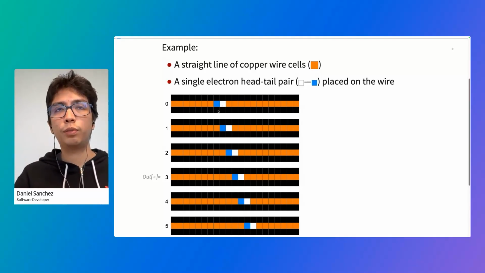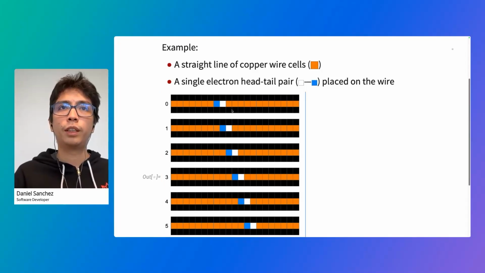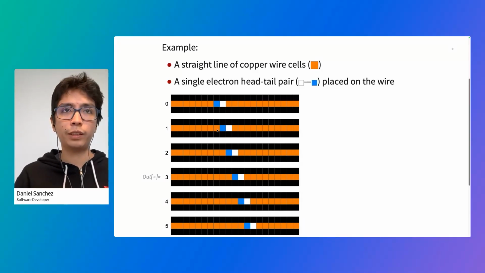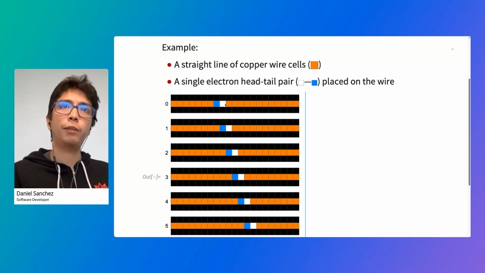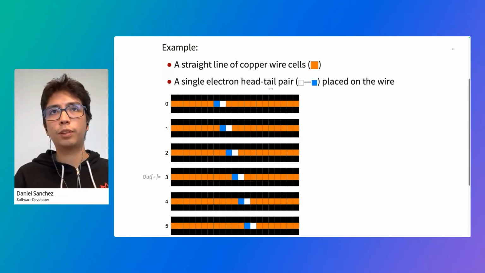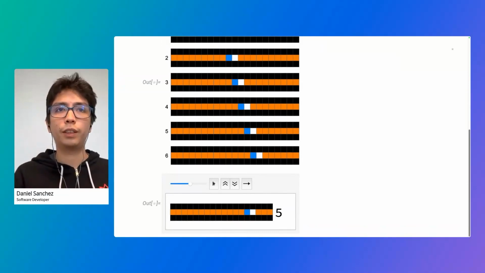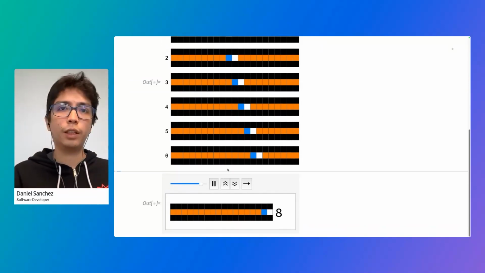If we evolve this state with the wire rules that I mentioned before, you'll see that this electron head turns into an electron tail. That always happens. This electron tail always turns into a wire cell, and the next wire cell becomes an electron head because it has just 1 electron head in its neighborhood. If you evolve that for several generations, you have this electron moving to the right. Or you can do an animation like here.